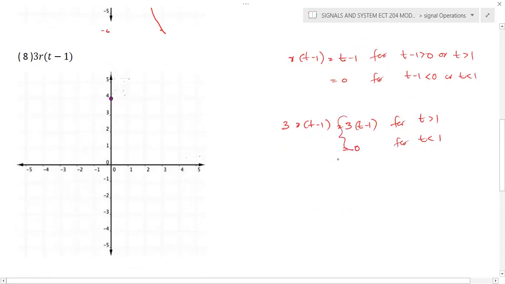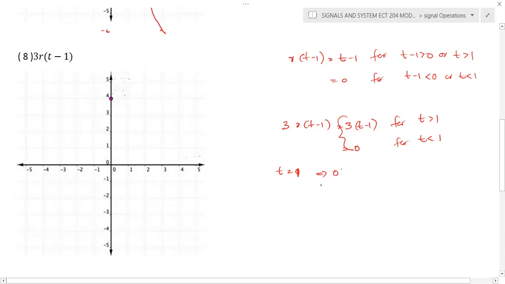Because the signal exists from 1 onwards, we can start with 1. When t is equal to 1, it is t minus 1, so that is 0.